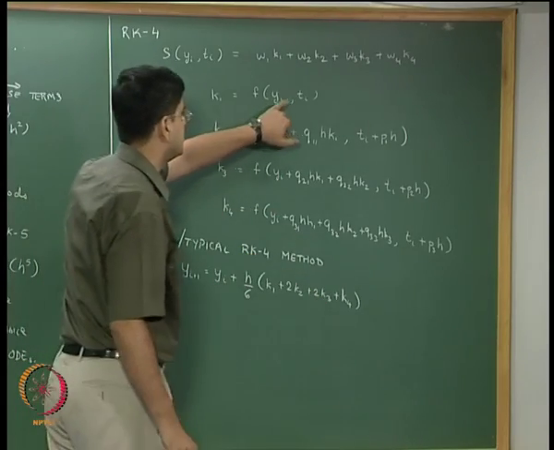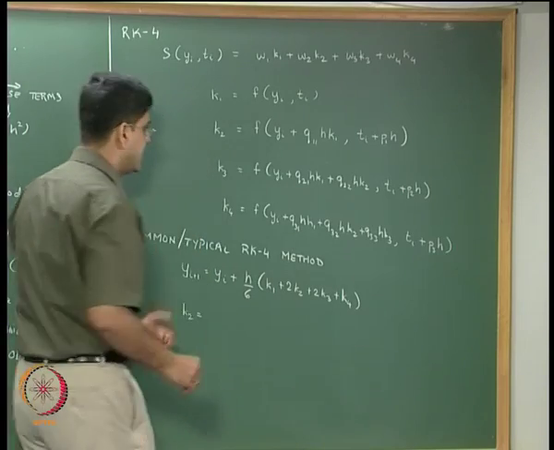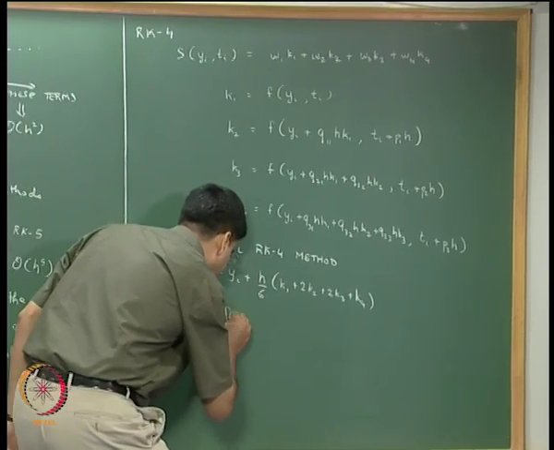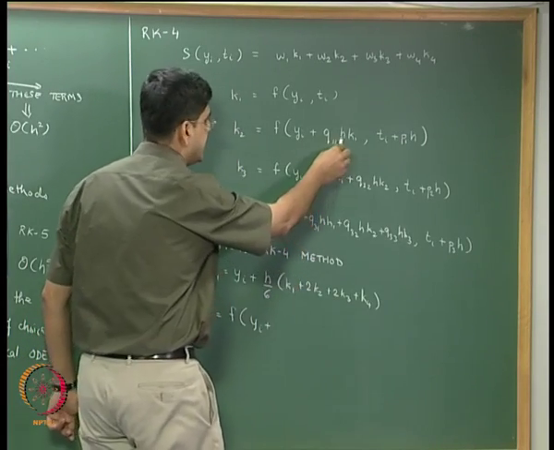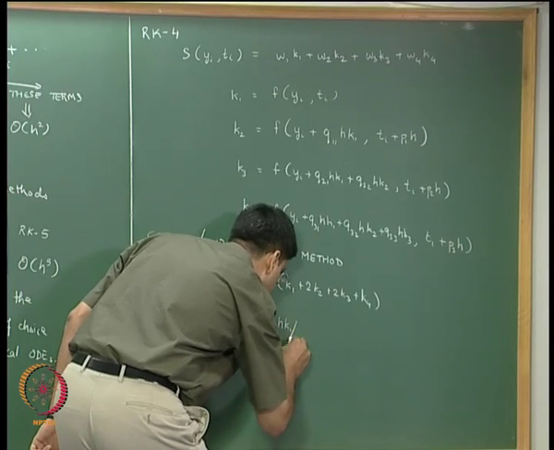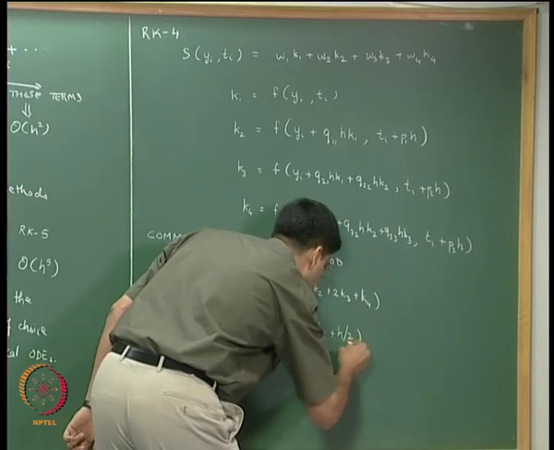K1 of course is f of yi comma ti. K2, just like the midpoint method, is f computed at yi plus h K1 by 2 comma ti plus h by 2.